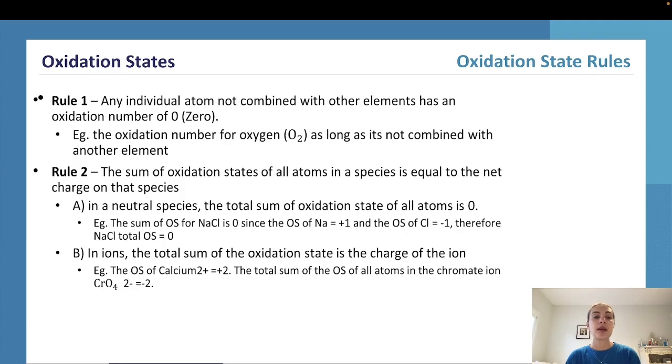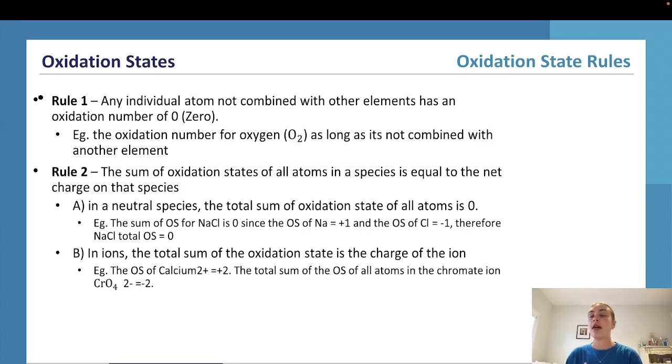An example is oxygen gas, O2. As long as that isn't combined with any other element, O2 will just stay O2 with an oxidation number of 0.